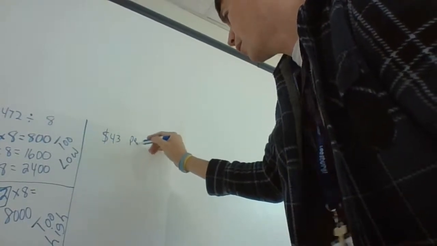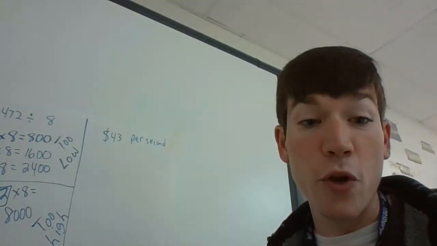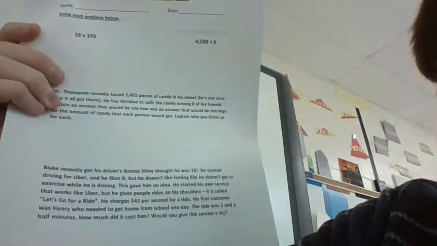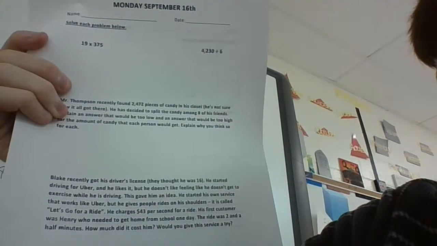$43 per second. Now, if you're not sure what that means, every second you ride on his back, you owe him $43. His first customer was Henry, who needed to go home from school one day. The ride was 2.5 minutes.